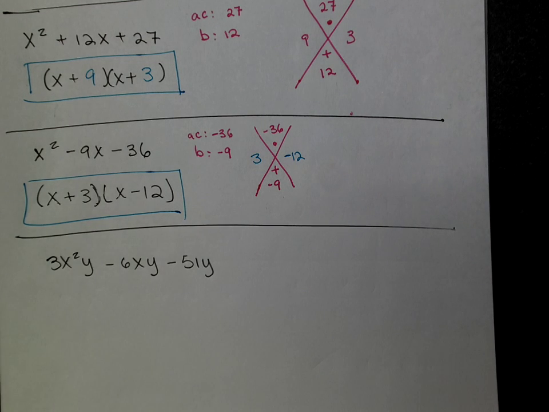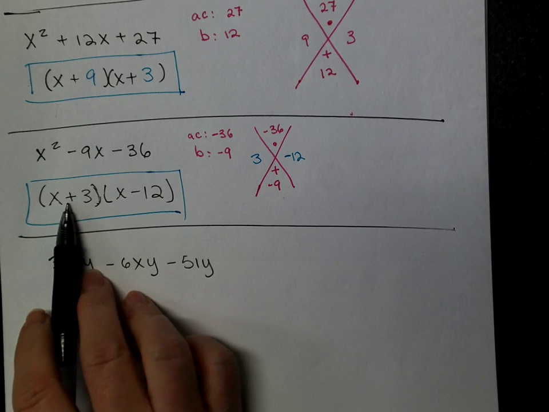GCF, right, always. Where do you start? Ask about a GCF. How do you know you're done? When you have nothing but linear factors. Or at least if you don't have linear, you've checked them to see if they're prime.